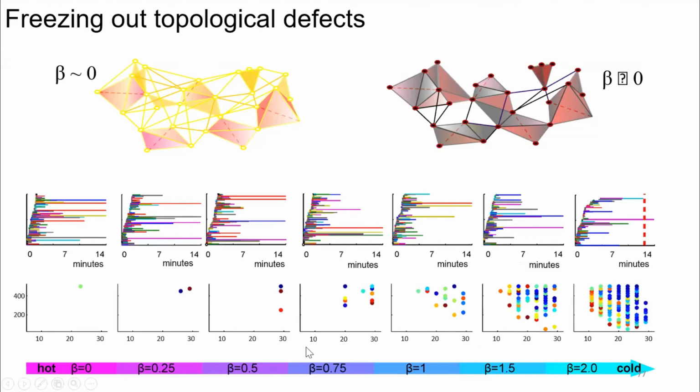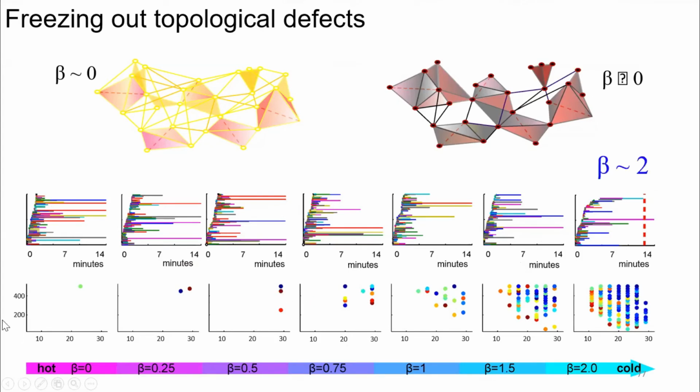So this is what happens. Again, just one more slide showing what happens when you go from hot to cold. You have a lot of loops that are slowly disappearing, and you eventually get the correct topological signature. When temperature is high, you have only a few 1, 2, 3 ensembles.